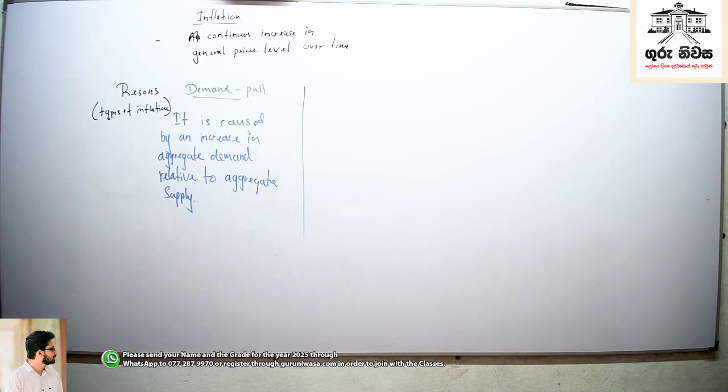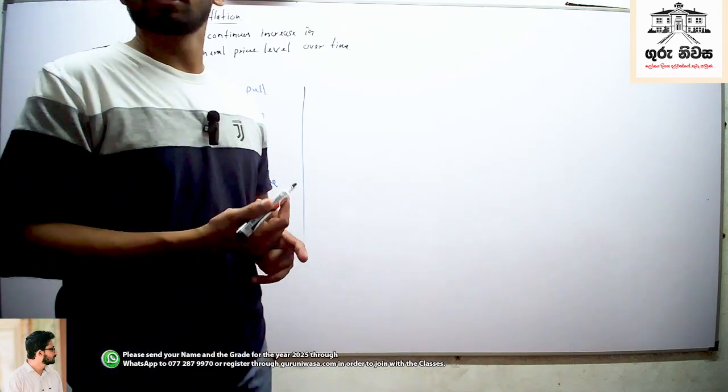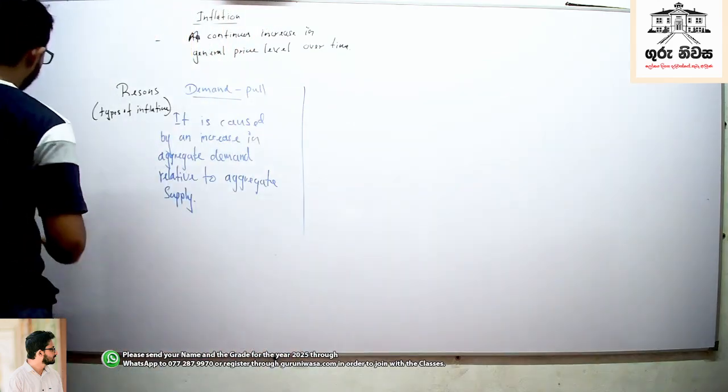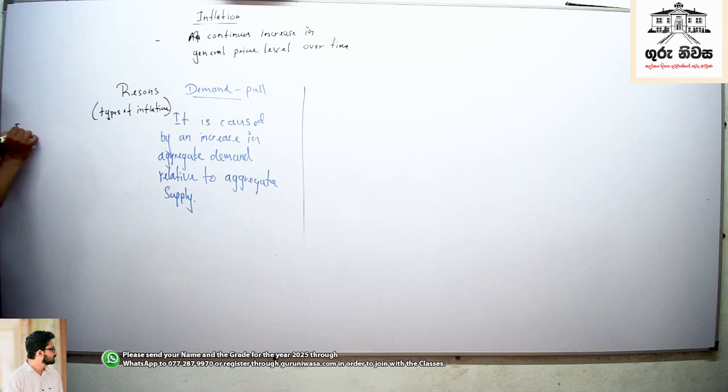In this case, unemployment falls. Unemployment falls means people have more income. Then income increases. Then what happened to demand from households, or we can say people?